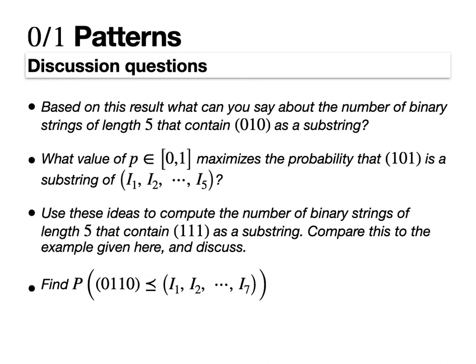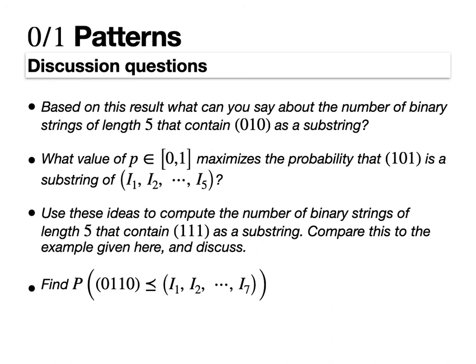One thing to think about based on this result, what can you say about the number of binary strings of length 5 that contain the complementary substring 0, 1, 0? Think about that a little bit. What value of p, the success probability, maximizes the probability that 1, 0, 1 is a substring of that binary success-failure string of length 5?